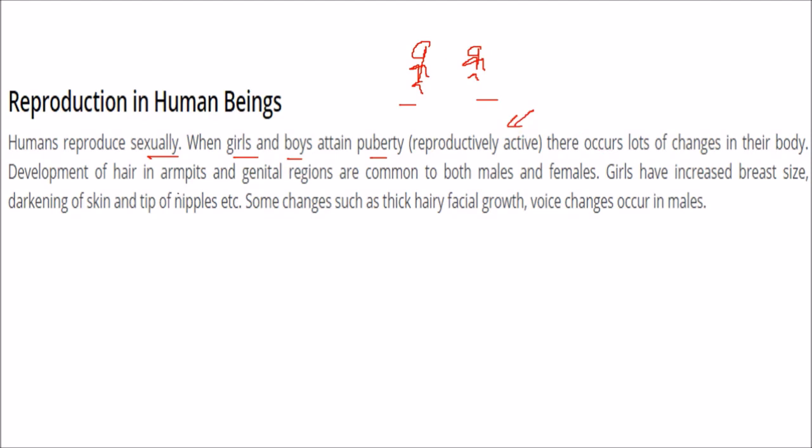For example, hair grows in the armpits and the genital regions, which is common to both males and females. Girls have increased breast size and darkening of the skin and the tip of the nipples. In males, there is thick hair or hairy facial growth, and the voice also changes.